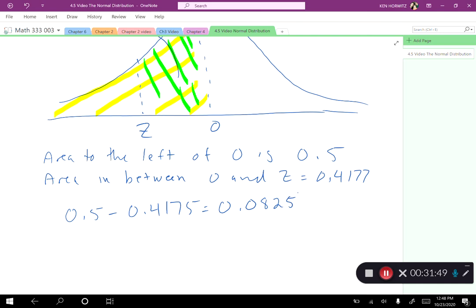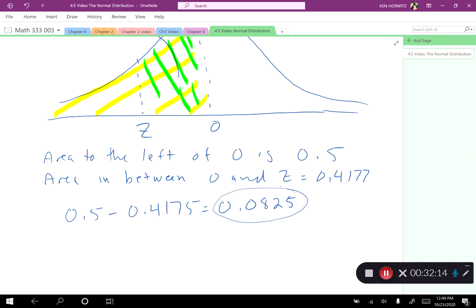Now we can still use this chart. Instead of going to the outer column, the z column, I want to look in the belly of the chart where we were finding those areas, and I want to look for 0.0825. All right, so when I look for that area, it's going to be less than 0, so you can start by looking in the negative values.